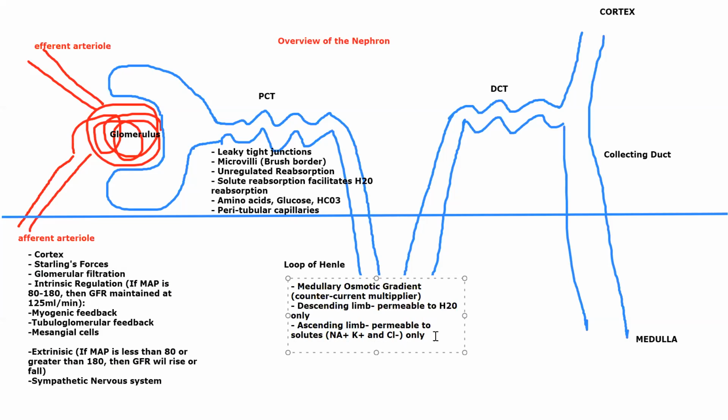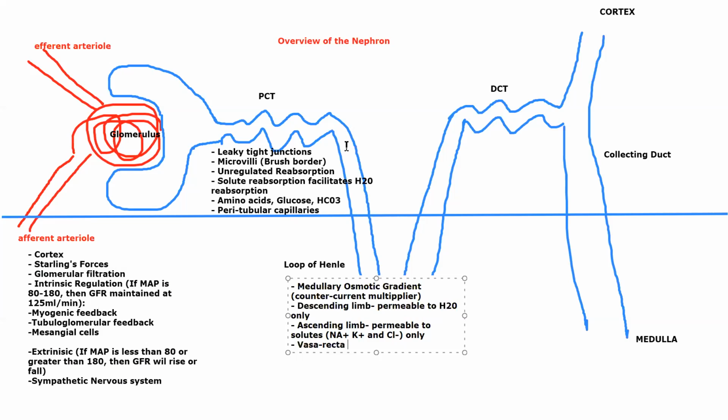And again, I'll take questions specific to that if there are any. We also want to point out here that the vasa recta is intimately connected to the loop of Henle. This is where those substances are being reabsorbed to. So we want to talk about the fact that the vasa recta has an opposite orientation to the direction of flow in the tubules.